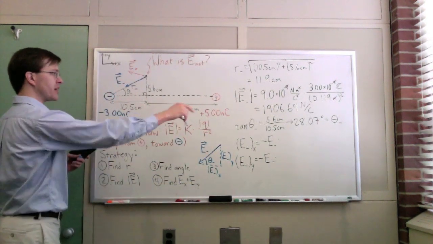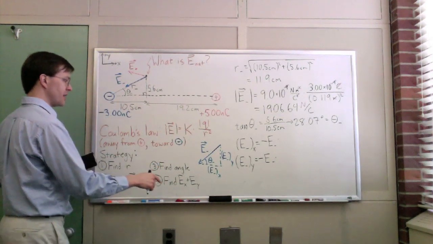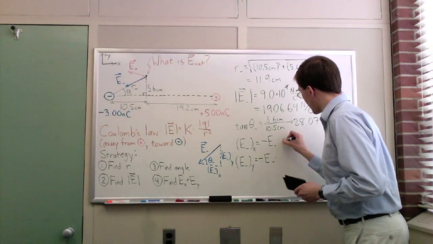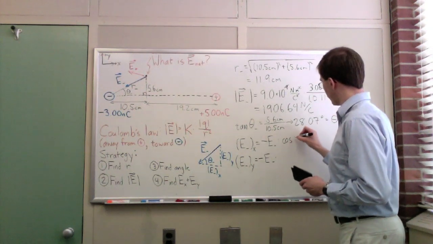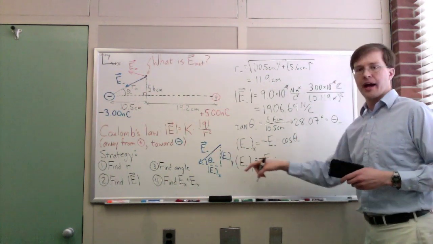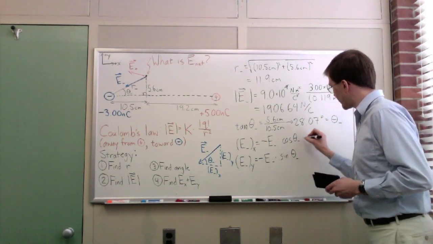I know that theta minus is my 28.07 degrees. So that means x is adjacent to it, so I do cosine of theta minus. Y is opposite my angle, so I do sine of theta minus.